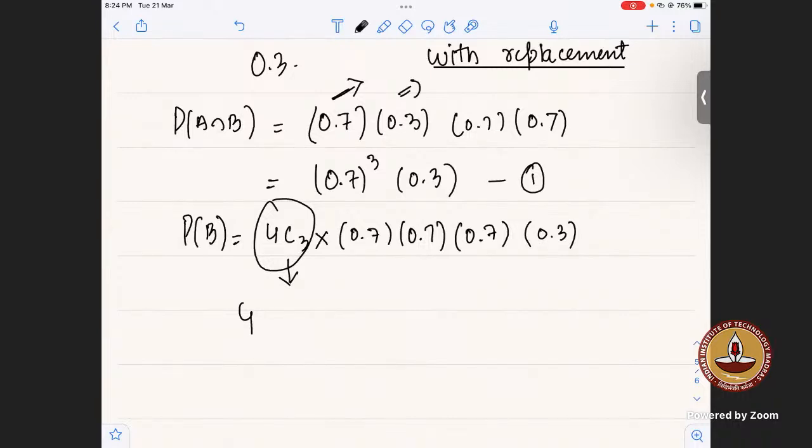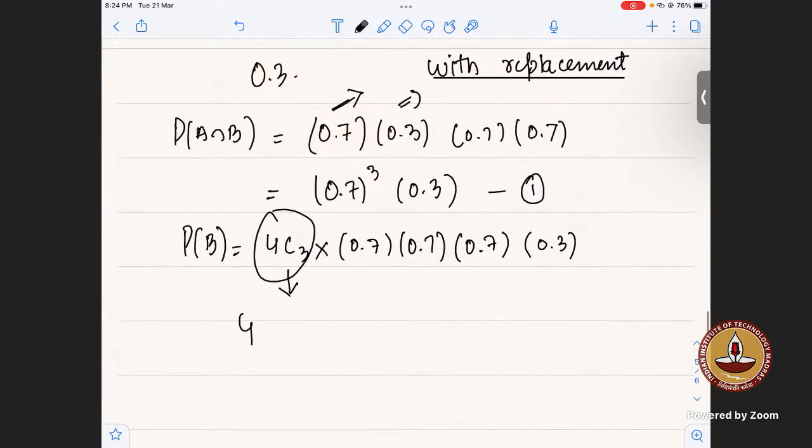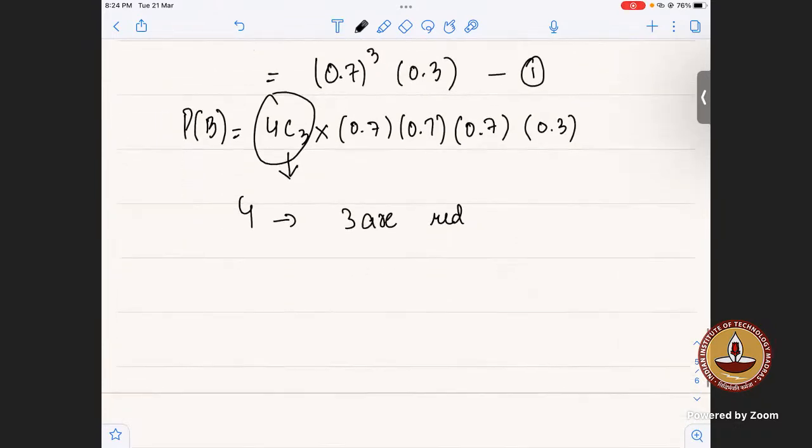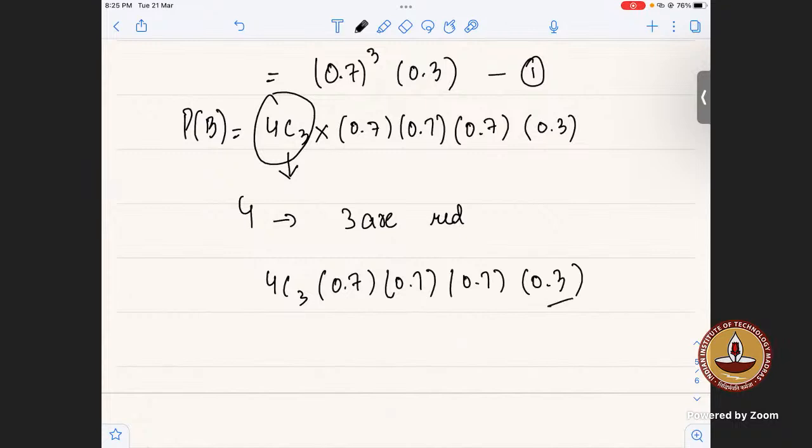Out of the 4 balls, 3 are red. How many ways can such be? 4 from 4. And what is the probability of red? 0.7, because we have 3 red balls, and 1 ball is going to be black, because of that we get this as 0.3.